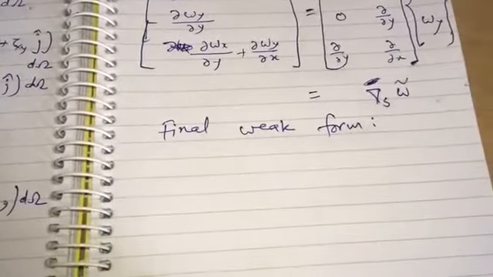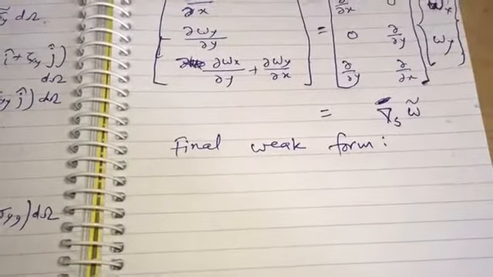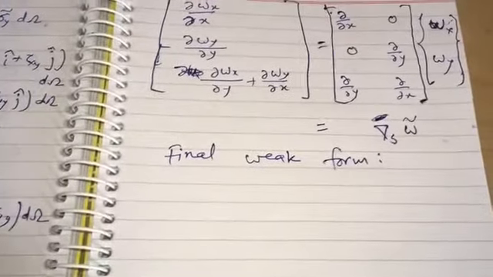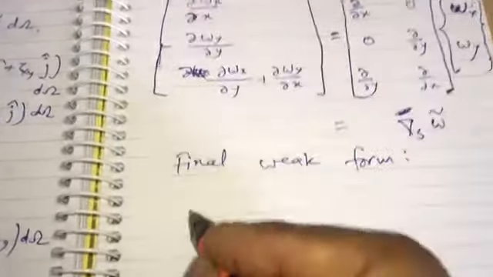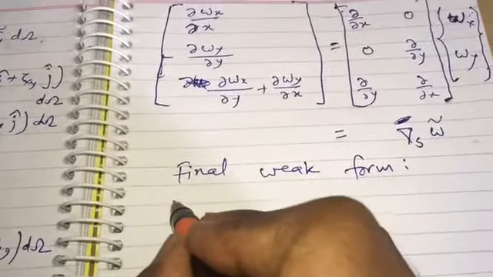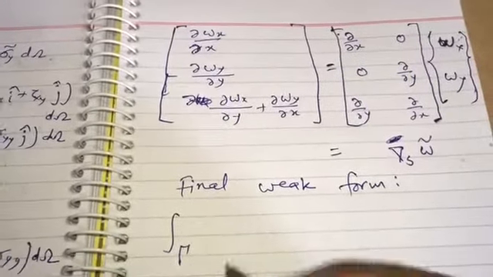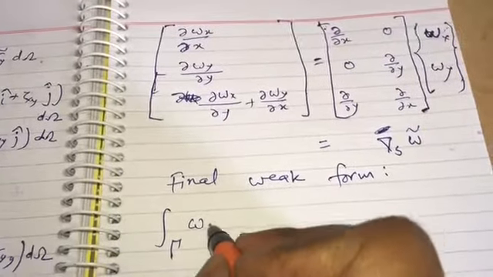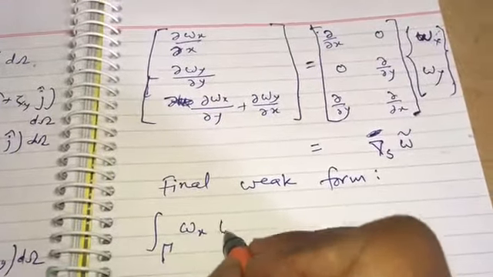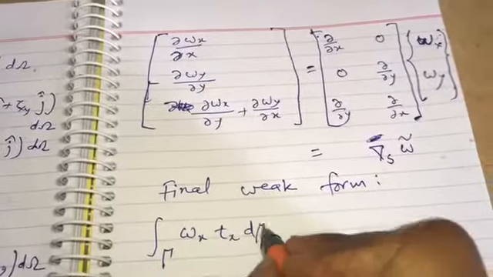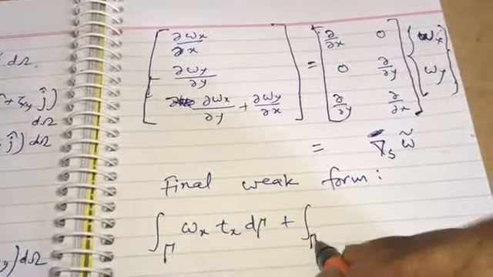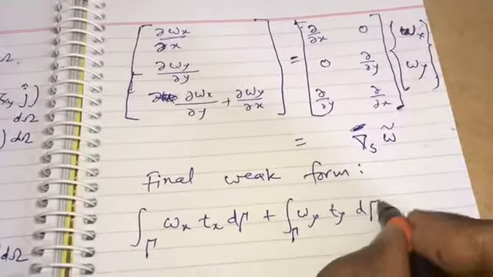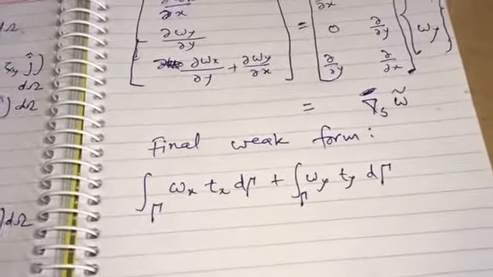So the first term we worked on had gamma, so we combine the gamma term here. So we had gamma, and then we have wx dx d gamma plus wy dy d gamma. So the gamma term is here.